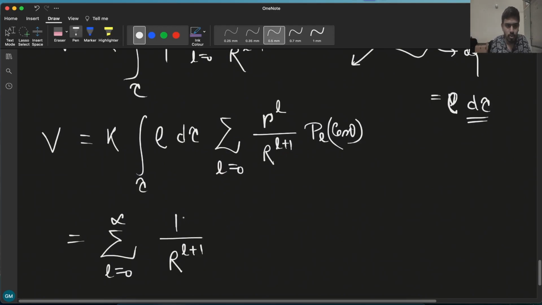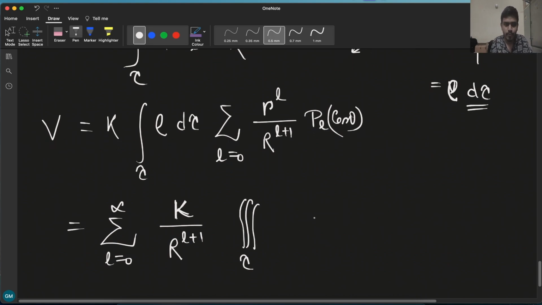So I can put this k also outside, and it is an integration over the volume. You can also write it as a triple integral, because it's a volume integral. It should contain three axes, x, y, z, or r, theta, phi, whatever coordinate you choose. So d tau, r to the power L, P_L cos theta.